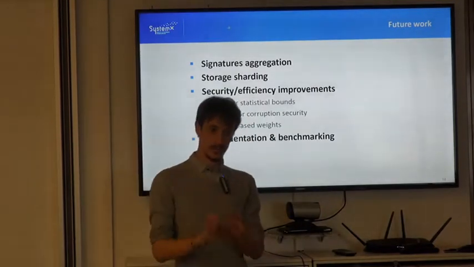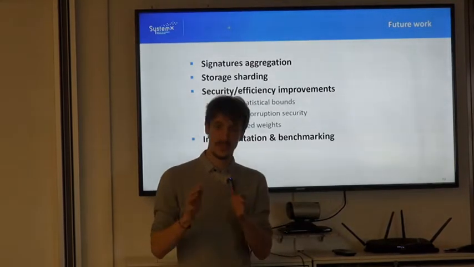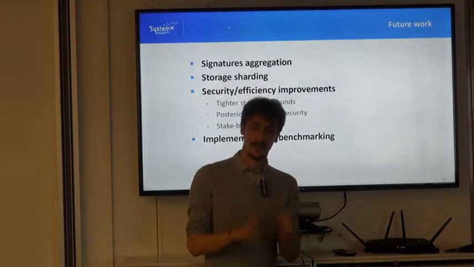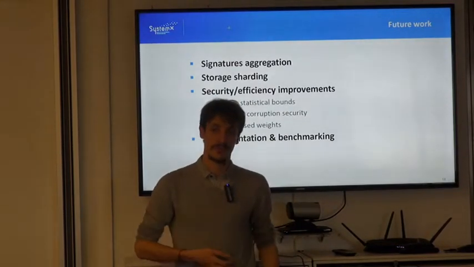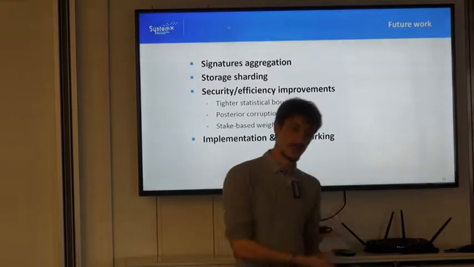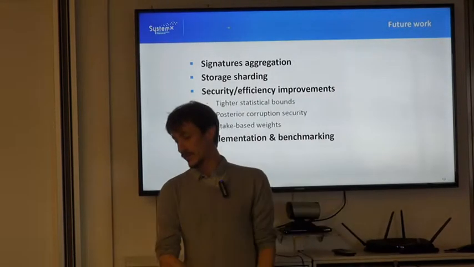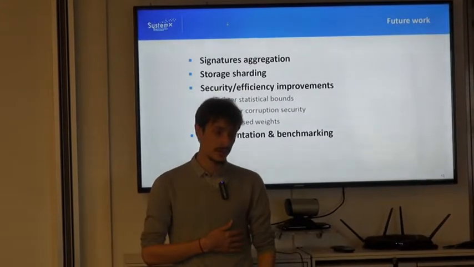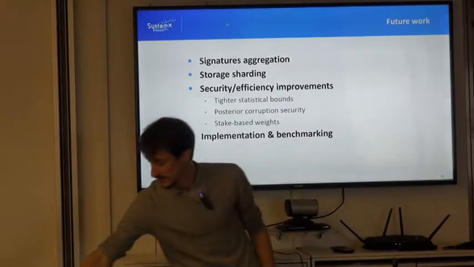And there are a lot of security improvements, because the efficiency is directly tied to the security and the parameterization, so a better theoretical analysis gives us better efficiency. And finally, we currently have an implementation ongoing. And that's it. Thank you.